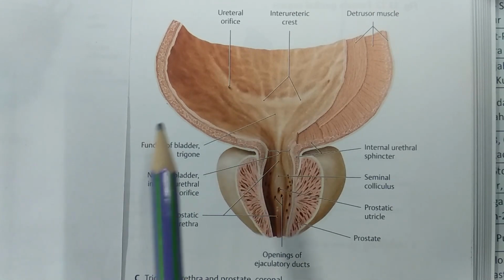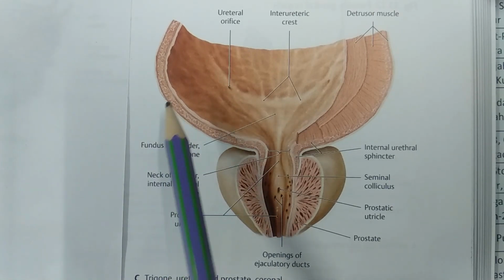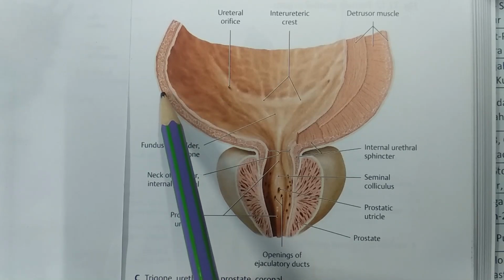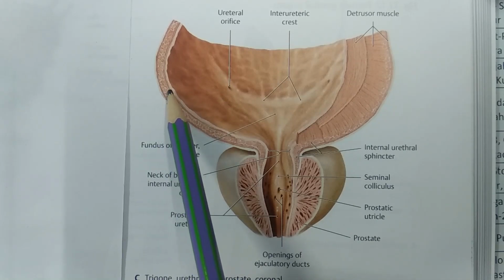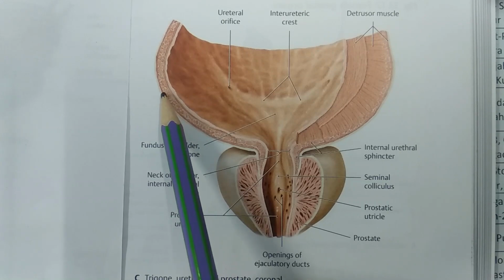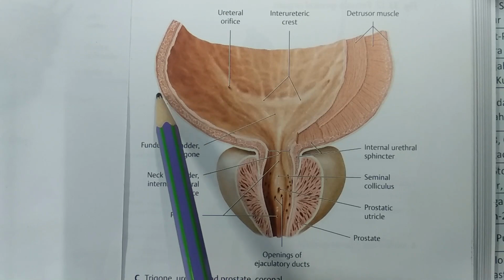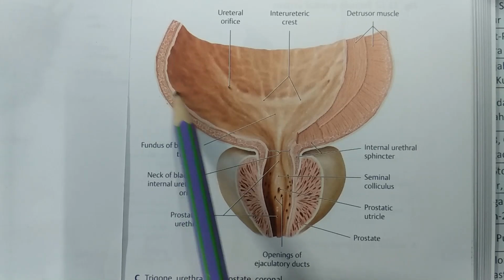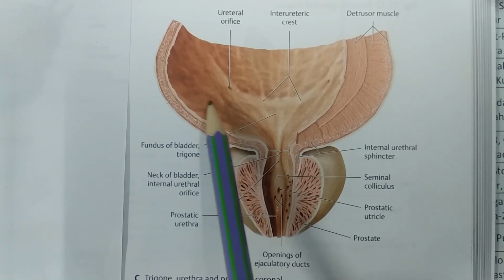So let's talk about the walls of the bladder, which are present from outside to inward. They are 4 in number: serous coat, muscular coat, submucosal coat and the mucosa. From outward to inward it has serous, muscular, submucosal and finally inside the mucosal layer.